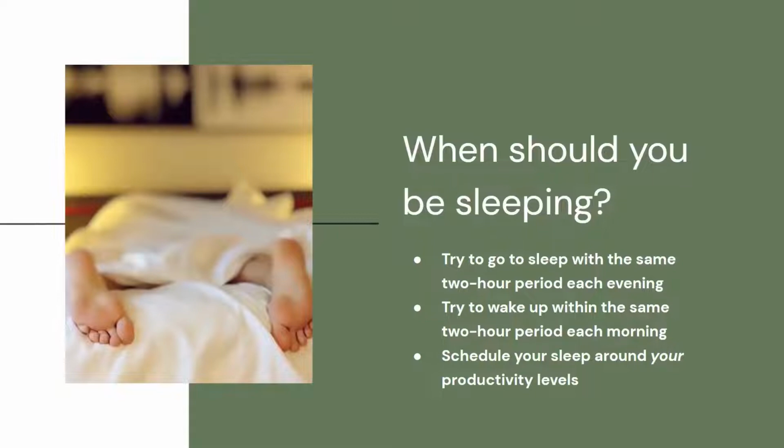Something I hear a lot is students saying, oh, I should wake up at 7 a.m., but I actually wake up at 10 a.m. Why should you be waking up at 7 a.m.? If there's a clear reason for it, such as you're most productive in the morning, then yes, wake up at 7 a.m. But if you need that sleep from 7 to 10, there's nothing wrong with adjusting your schedule so that you're staying up later and waking up later. It's all about what works for you personally and your levels of productivity.